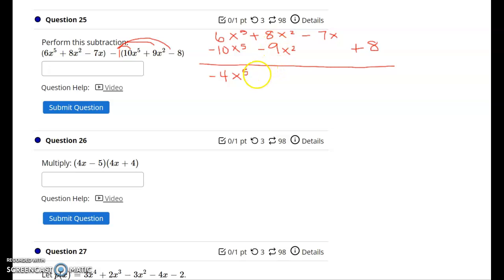Similarly, 8 minus 9 will have negative 1x squared, or just negative x squared, minus 7x, and then plus 8. So that'll be our final answer. I like to do this vertically because I feel like it helps get the negatives all in order, and it helps you see more clearly what to add together.